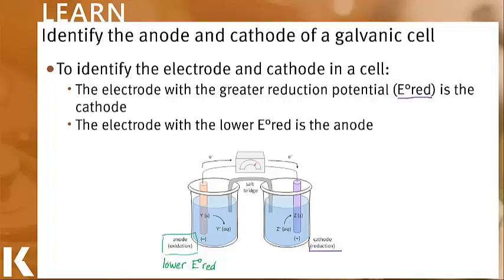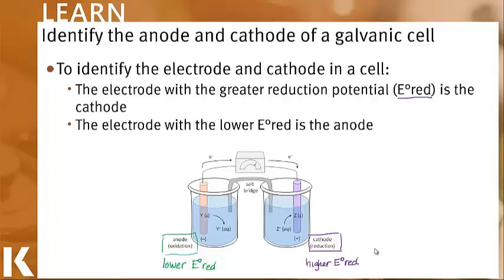And the cathode is where reduction will happen. This means that I have the higher or the more positive reduction potential. They're not always drawn with the anode on the left and the cathode on the right.